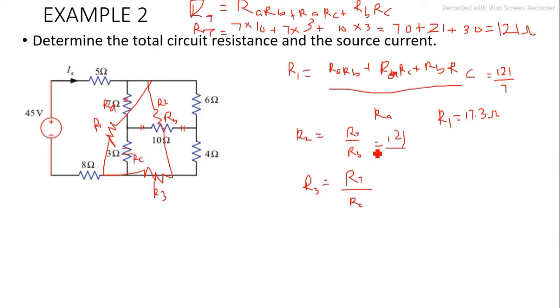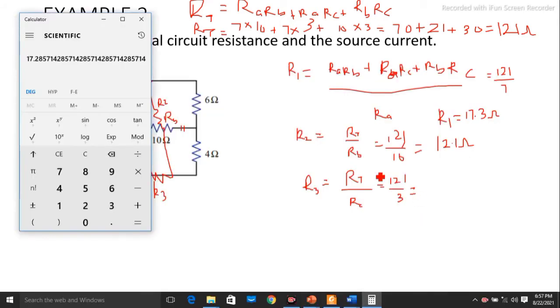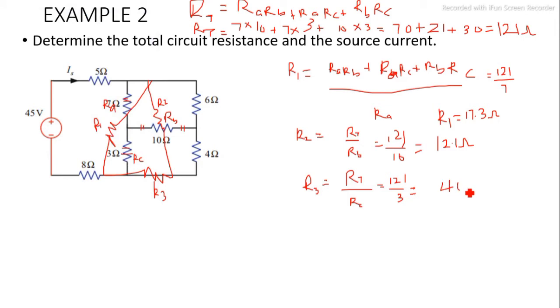What's our RB? 10. So 121 divided by 10 will give us 12.1 ohms. Also our R3 will be RT, 121, divided by RC. Our RC is 3. So 121 divided by 3 is 40.3 ohms. So our R3 is 40.3.